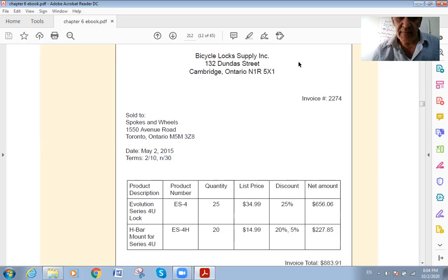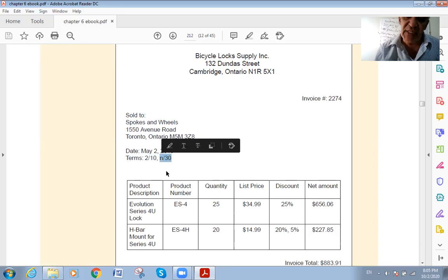The seller is telling the buyer, this is my invoice number, and this is the date, and you will take a 2% discount if you pay within 10 days. However, you have to settle your transaction within 30 days.